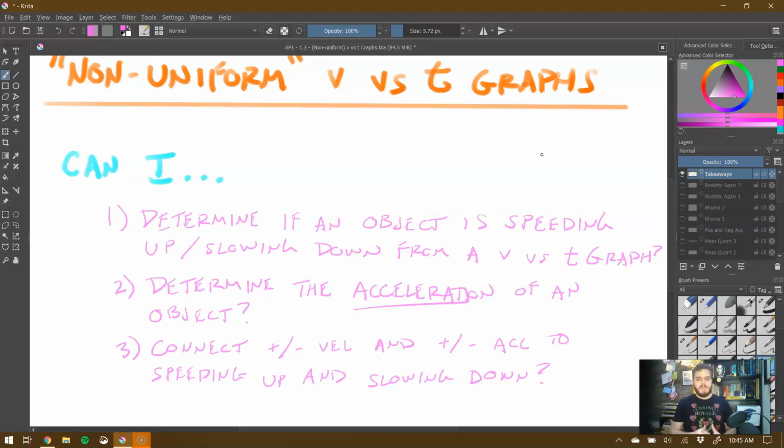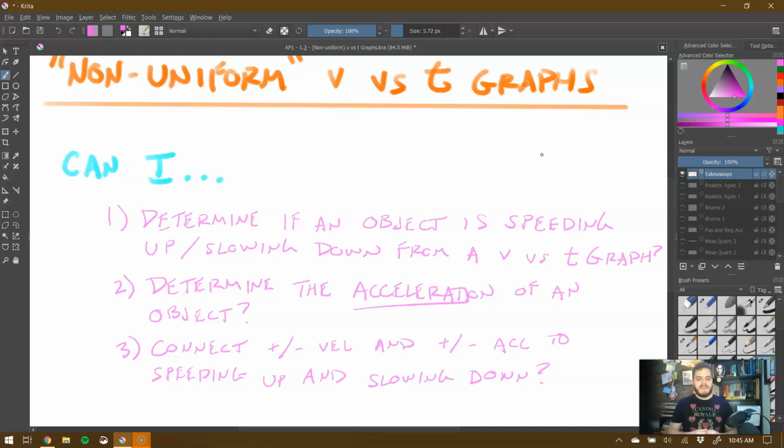So what are the big takeaways here for non-uniform v versus t graphs and acceleration? One, you want to be able to determine if an object is speeding up or slowing down from a v versus t graph. Is it moving away from the axis and speeding up, or towards the axis of the v versus t graph and slowing down? We want to be able to determine the acceleration of an object using the equation a is equal to delta v over delta t, or using it to find the slope of a v versus t graph.